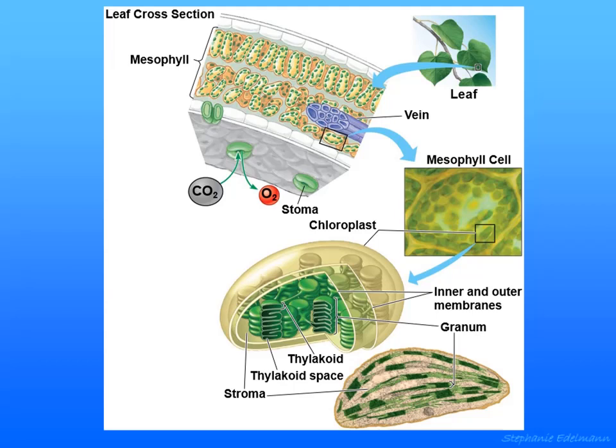It was beautiful. And the stomata is where the gas exchange happens for the plant. So that's where the oxygen leaves and where the CO2 comes in. You'll find those on the underside of leaves. Then the actual photosynthesis happens in the thylakoid membranes, in the thylakoid space of the chloroplast.